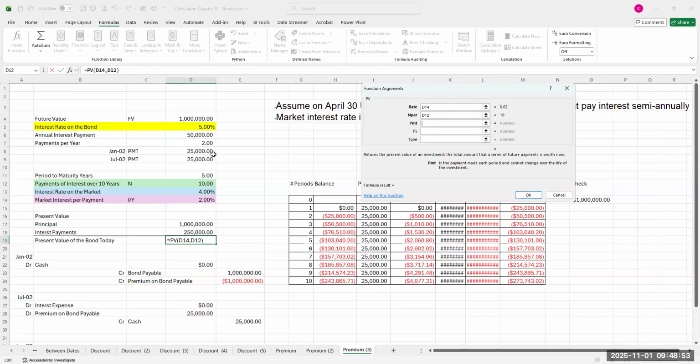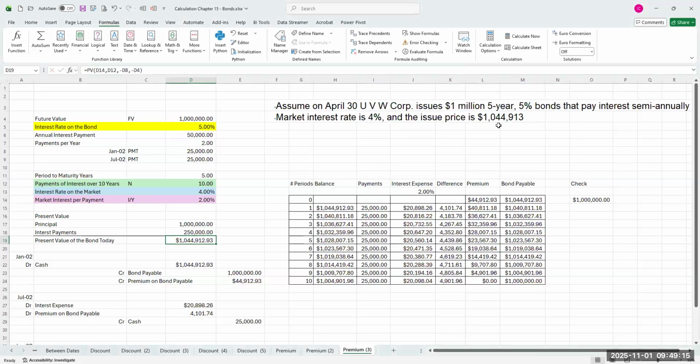Payment is the amount of interest that you have to pay, 25,000. And since you're paying it, it's an outflow for you, so it's negative. Future value is the maturity value of the bonds, and since we have to pay, that's a negative 1 million. And that brings us to the present value, exactly the same number, which is given by the publisher.